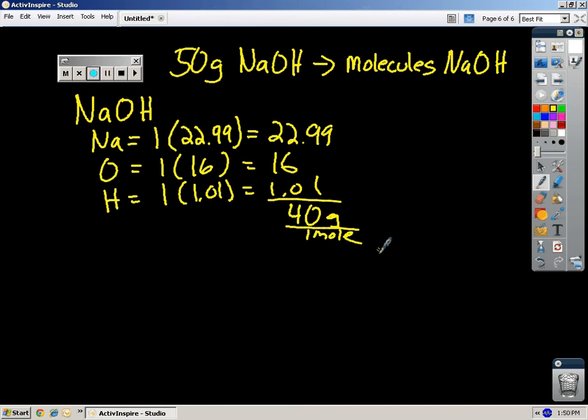All right, so our next step is to actually do a conversion. So we're going to take 50 grams of NaOH. As I take the 50 grams of NaOH, I want to convert this over to, first, moles of NaOH.